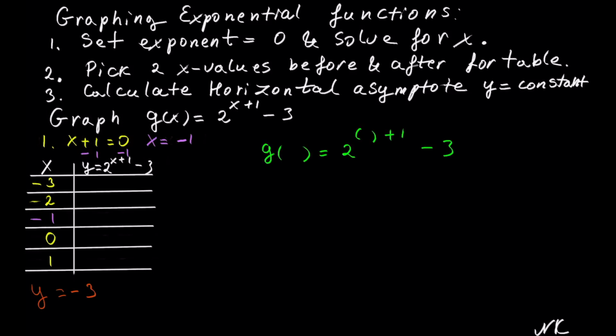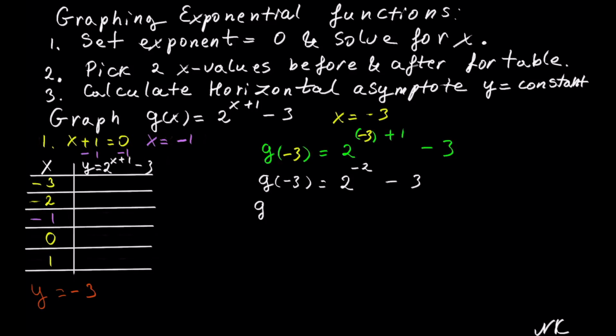Let's calculate the first y value, at x equal to -3, by plugging -3 into g of x, which gives us g of -3 is equal to 2 to the -3 plus 1 minus 3. So g of -3 is equal to 2 to the power of -3 plus 1, which is -2, minus 3.